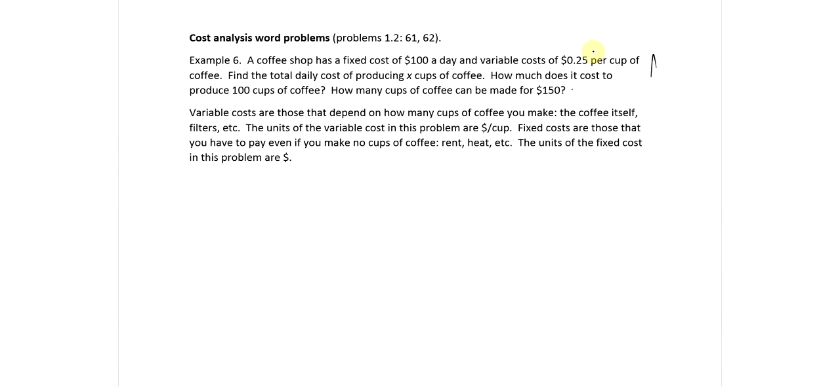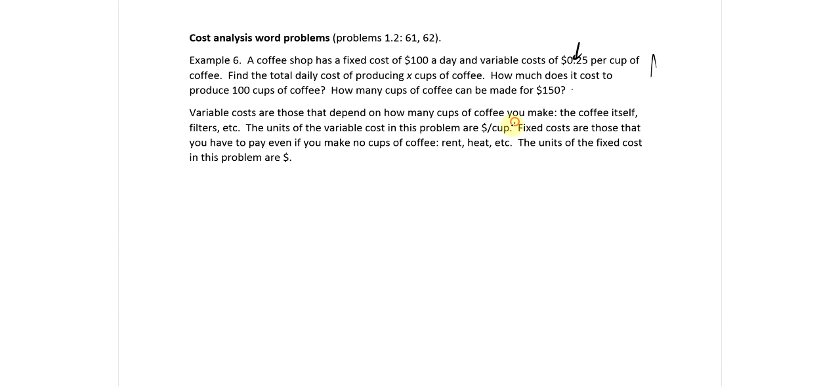So in dealing with these business-oriented problems like this, what's a variable cost? Well, a variable cost is something that depends on how many cups of coffee you make. So coffee itself, for example, or filters, or, well, in my case, sugar, right? Those costs depend on how many cups of coffee you make. In this problem, each cup of coffee costs $0.25 to make.